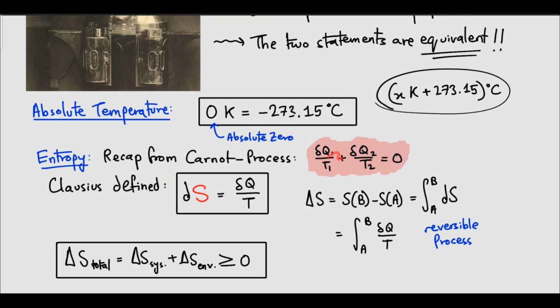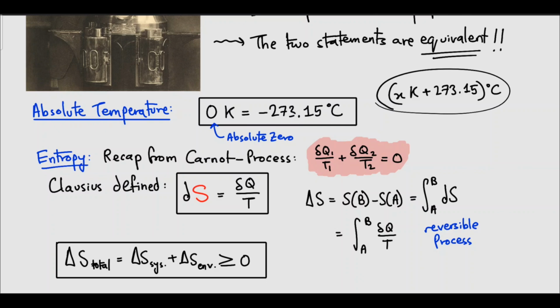And this ratio is then somehow a weird ratio of a parameter which is not a state parameter and a parameter which is a state parameter.